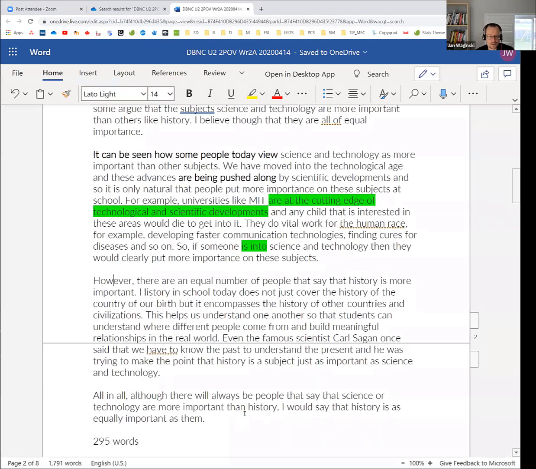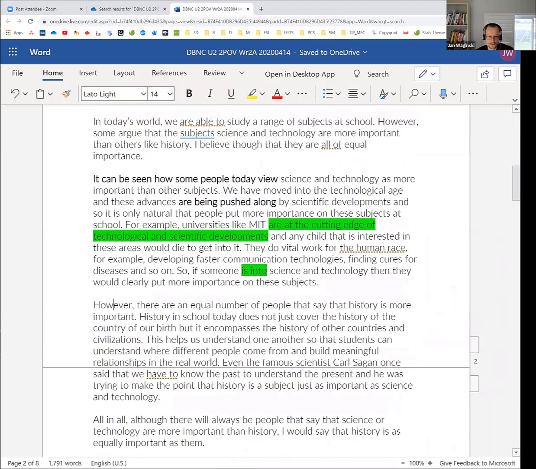So where did the author indicate his opinion? Two places, right? Only two places in this essay. There are an equal number. So this is the topic sentence for the second part, right?